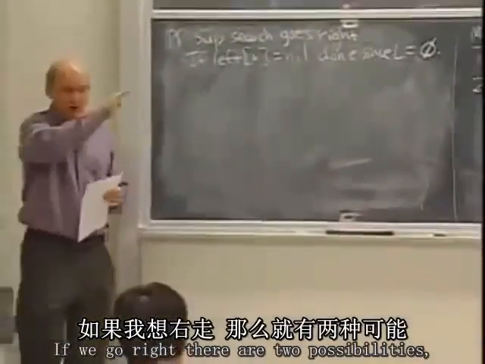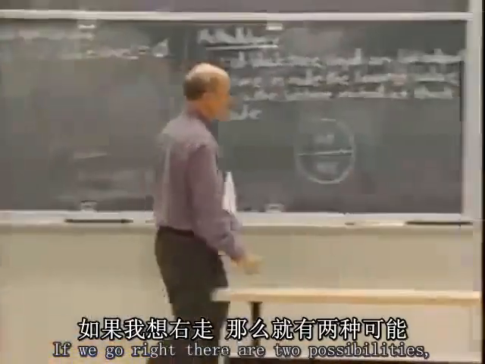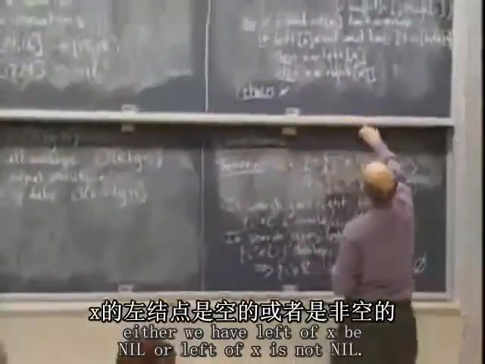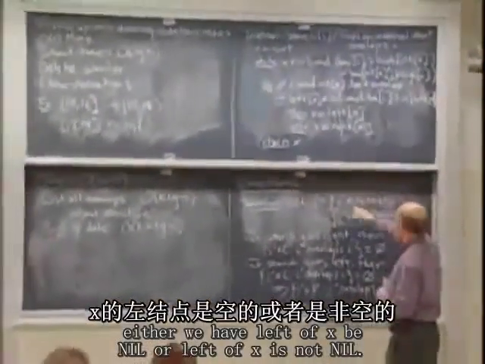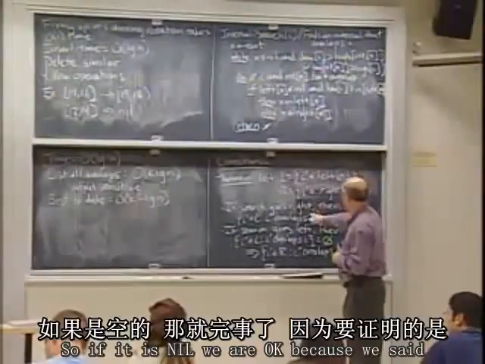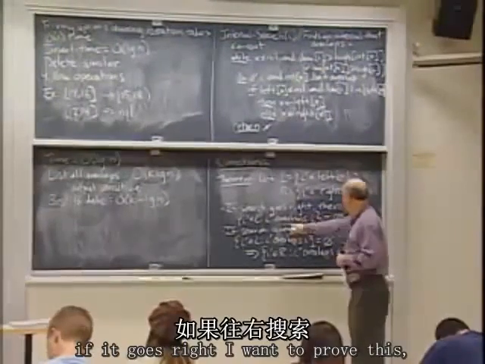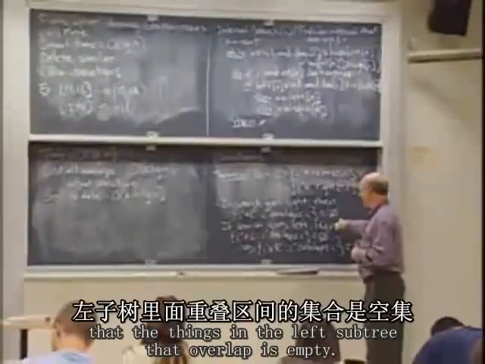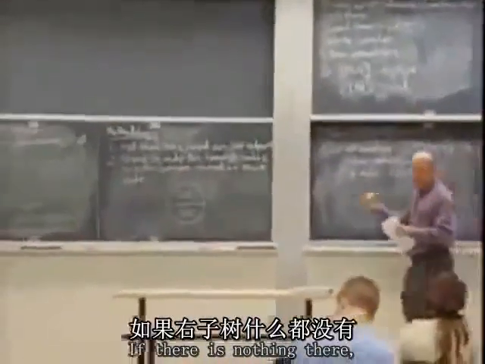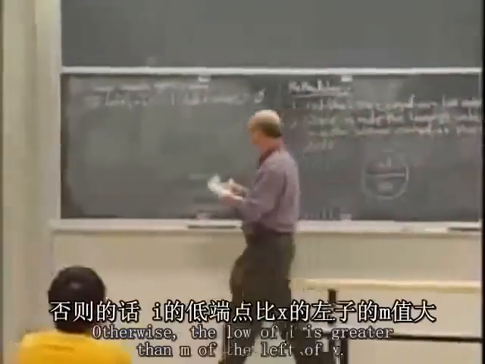Okay, so if we go right, there's two possibilities: either left of x is nil or left of x is not nil. If it's nil, we're okay because we said if it goes right, I want to prove that the set of things in the left subtree that overlap is empty. So if there's nothing there, there's clearly nothing there that overlaps.